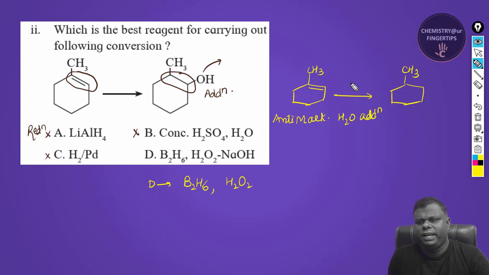So when you write anti-Markovnikov's water addition, this is H plus and OH minus, right? So here there are no hydrogen, here there is one hydrogen. So OH is going to go over here, right? And this is basically the product, correct? So it's pretty much evident.